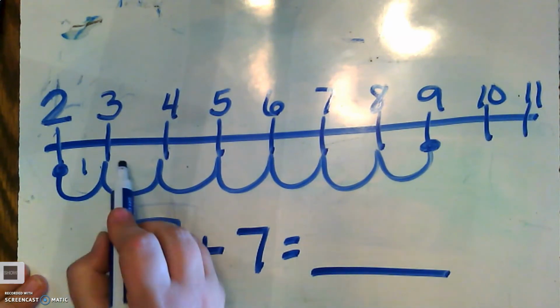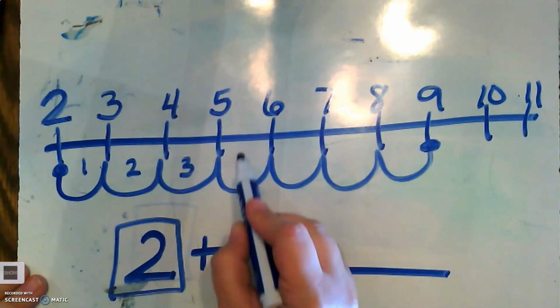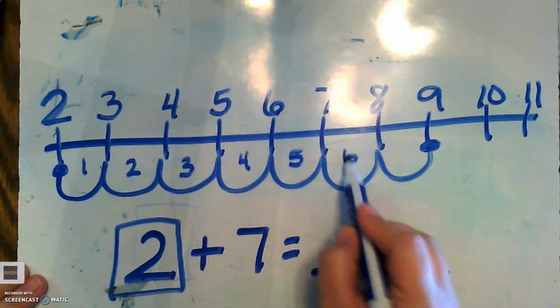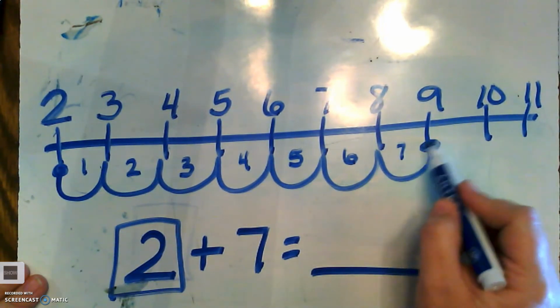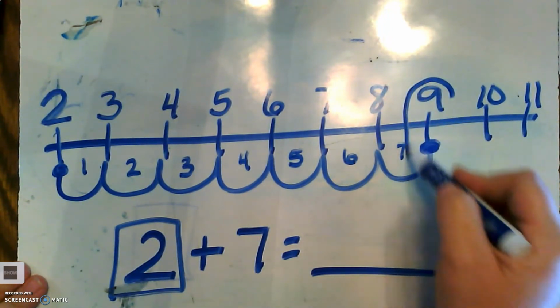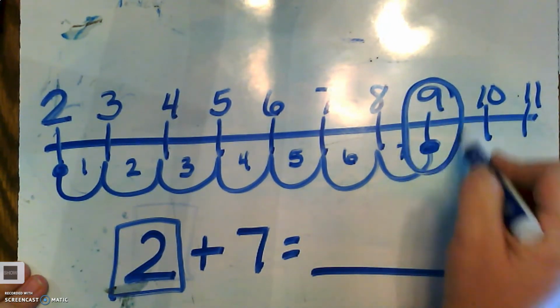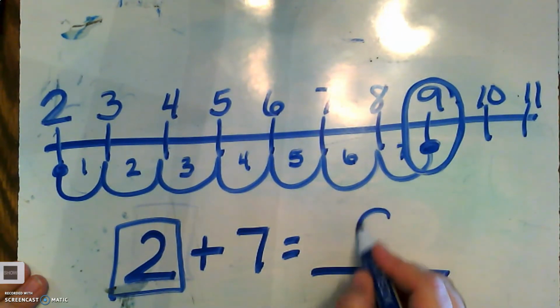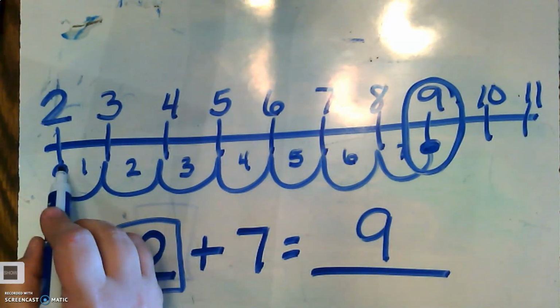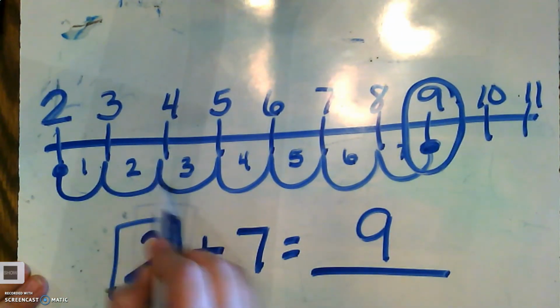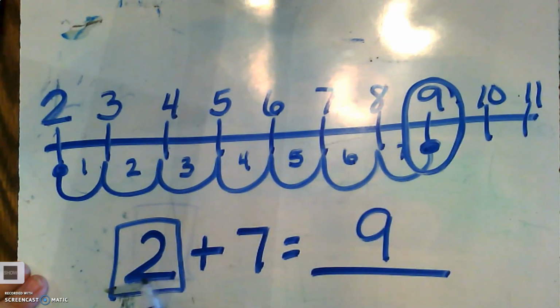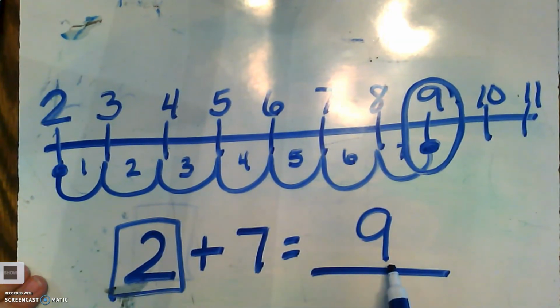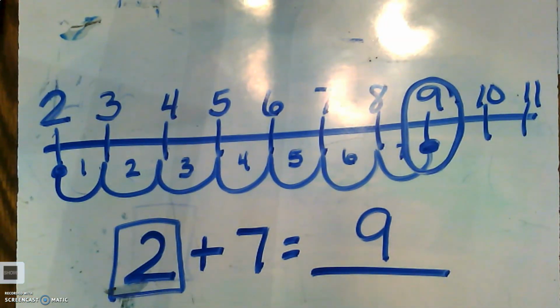Make sure I jump 7. 1, 2, 3, 4, 5, 6, 7. Oh, we did it. Good. So what is my answer? What is my sum? You are correct. It is 9. So if I start at 2 and I jump 7 places, or if I add 7, my answer or my sum is 9. Excellent job, boys and girls.